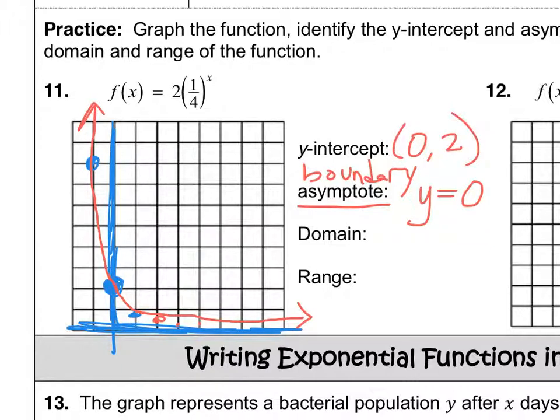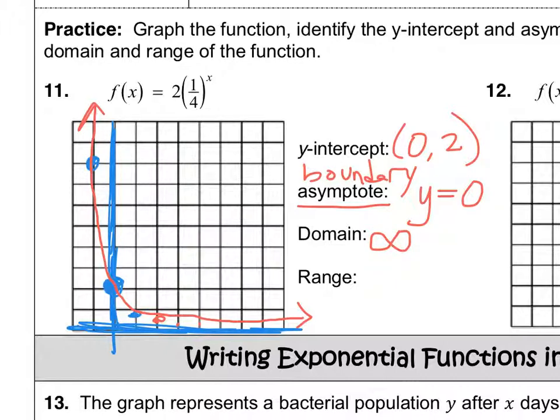Now let's talk about domain. Notice that domain is read left to right. On the left side, we have an arrow. Even though it looks like it's going straight up, it is ever so slightly going further and further to the left. So our domain on an exponential function is always going to be all real numbers, negative infinity to infinity.